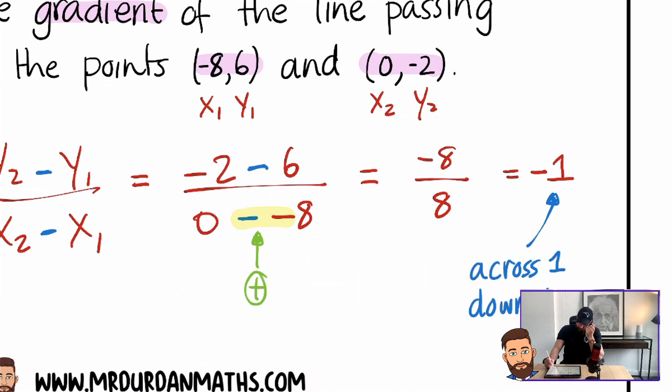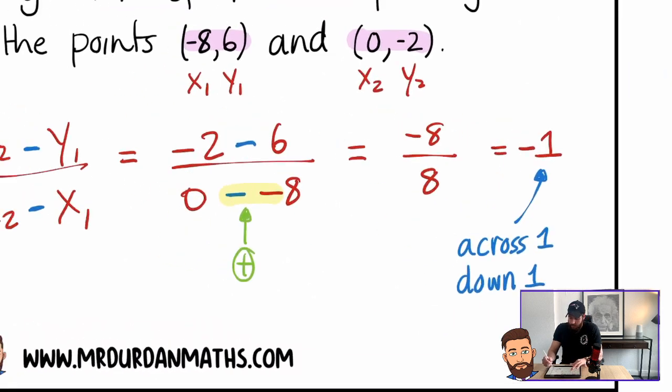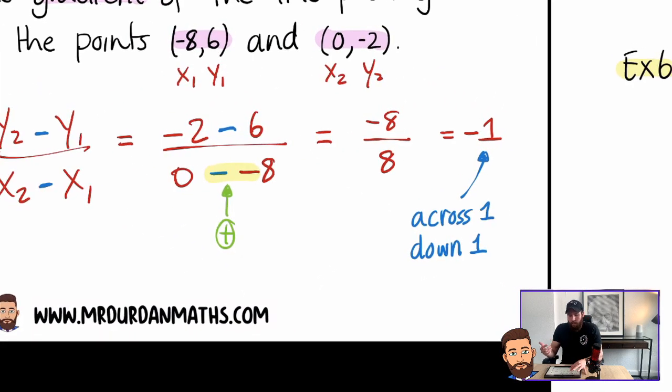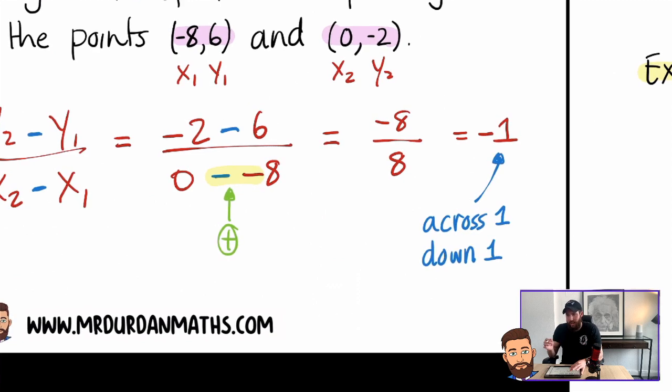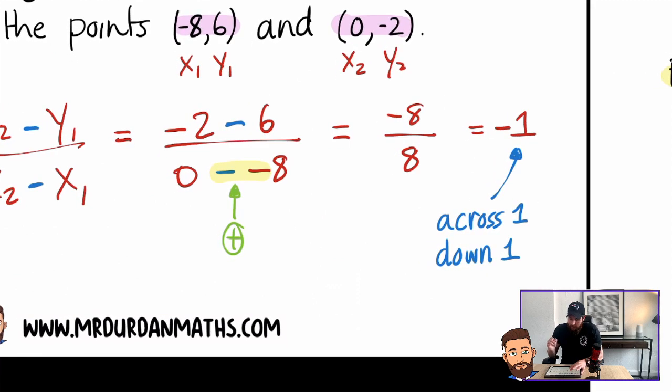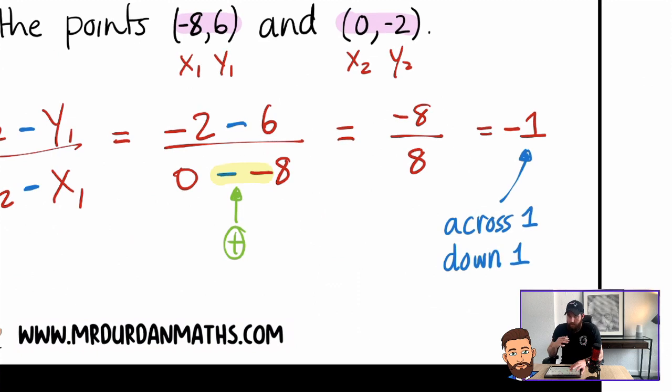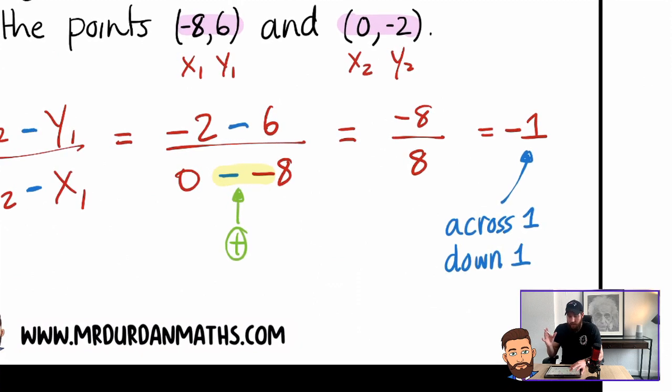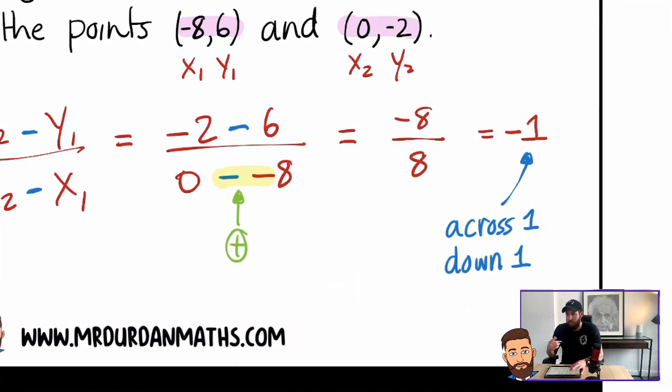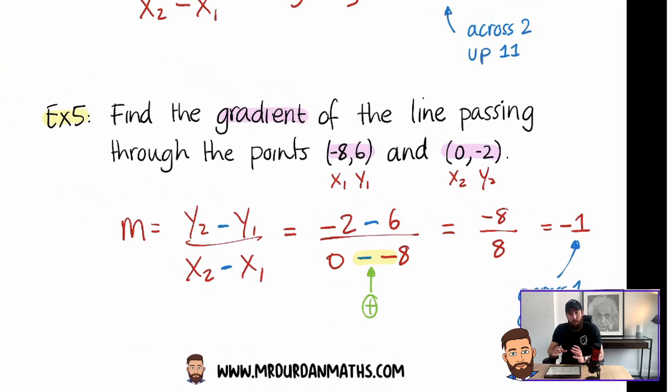And if you find that bit hard, where you have to visualize what's happening with the gradient, like, what does the gradient mean? If you don't understand that, go and look at gradient 1, the first lesson I ever did on gradients, where it shows you what a gradient is and how they work. This is about, once you know that, how can you make the process quicker when you've got 2 points rather than drawing it.